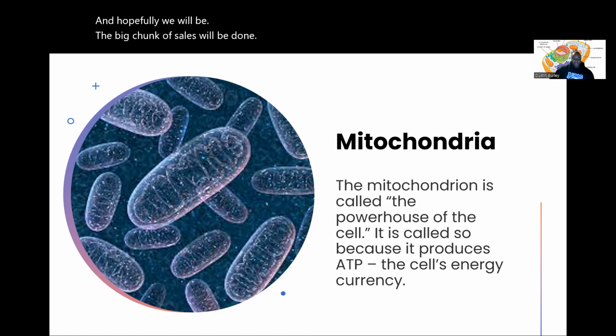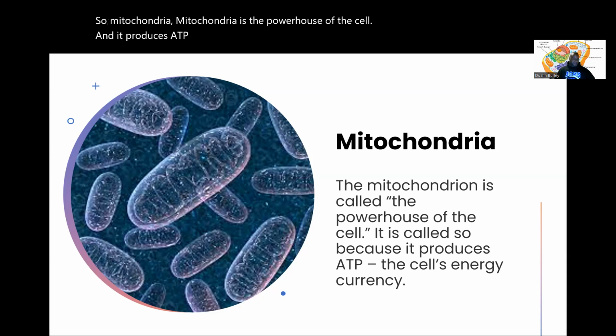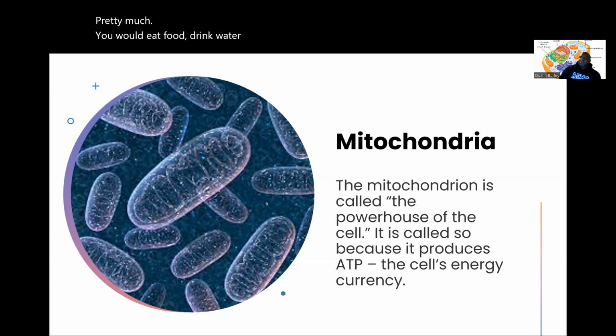So mitochondria. Mitochondria is the powerhouse of the cell, and it produces ATP, which gives the cell energy. So pretty much like you would eat food, drink water, so make sure you're not starving or dehydrated so that your body would have energy.